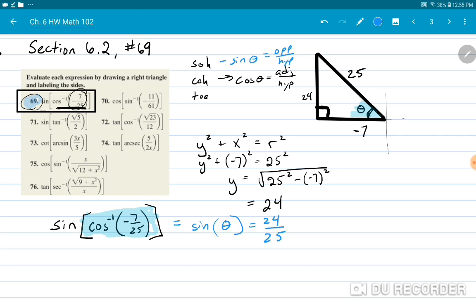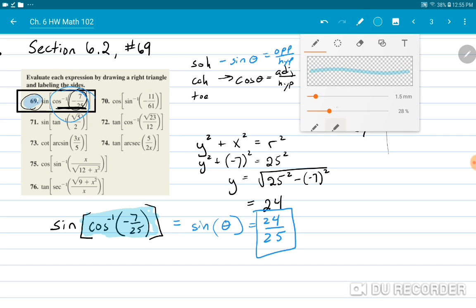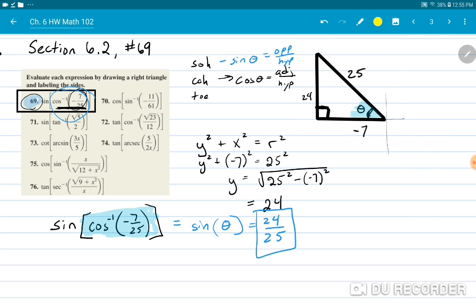And again, it's positive since our inside value, that cosine inverse, is only defined on the top half of the unit circle. So there's my final answer. This equals that.